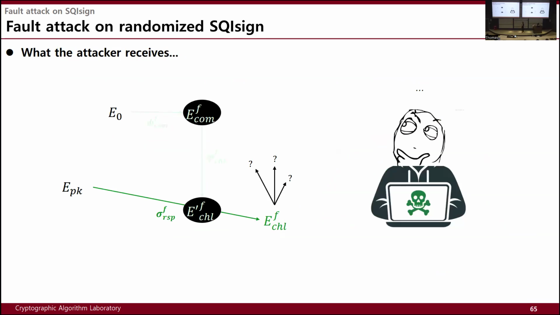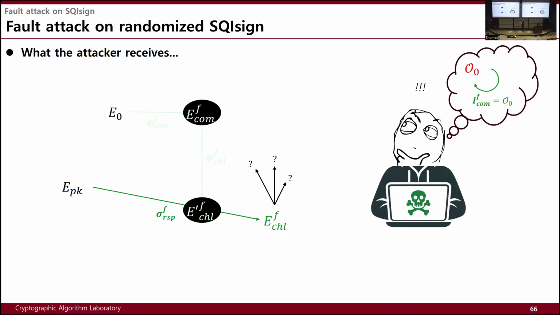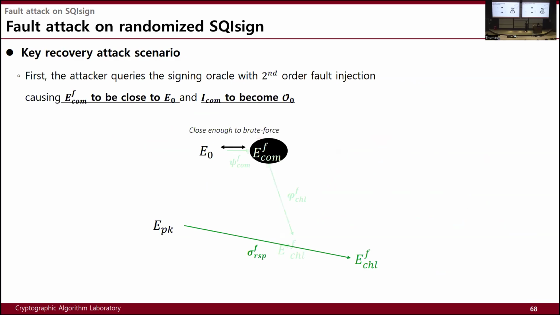Then she has to think about the same question as in the previous slides and realize that she can use the identity map in O0. This is how it works.